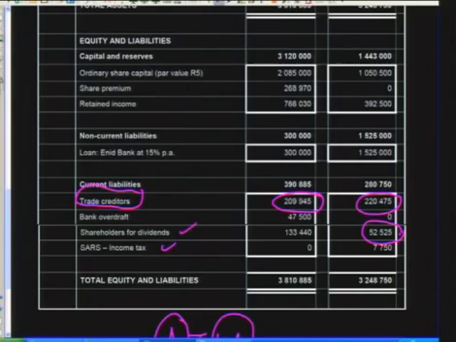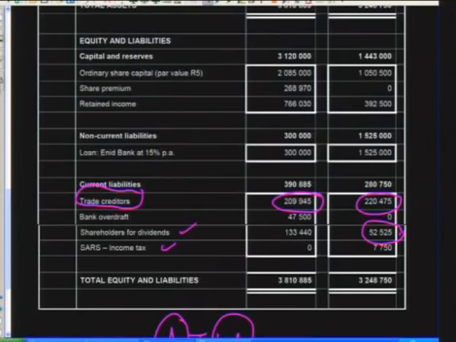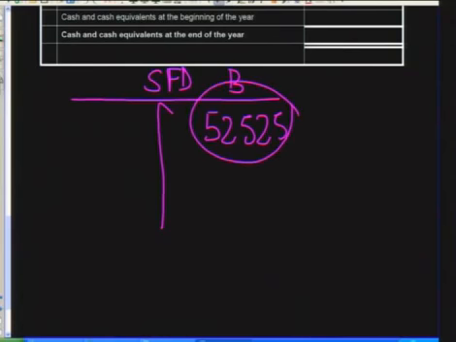So immediately I can take that amount, and I also know that this figure is definitely going to be the amount that I have paid.